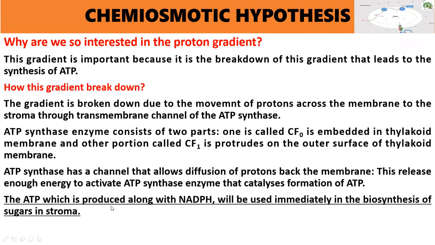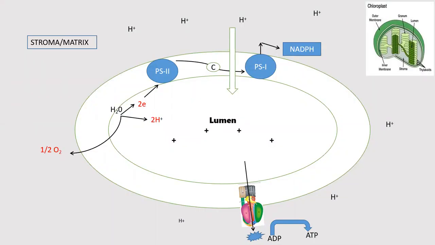The ATP which is produced along with NADPH will be used immediately in the biosynthesis of sugars in the stroma. This is about the lesson today. I hope you understand the chemiosmotic process, which is very important in the synthesis of ATP.